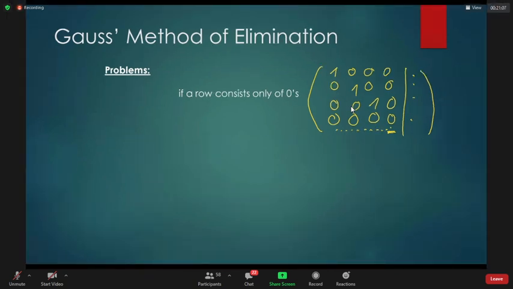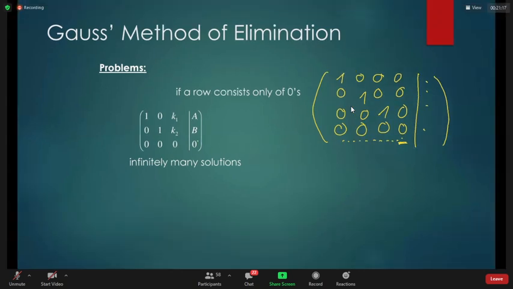Again, there are more kinds to this problem. For example, we could have the last row consisting really only of zeros. Notice this: 0, 0, 0, 0. What this means in this particular example is that on the right-hand side, we also have 0. So that would be 0x plus 0y plus 0z equals 0.